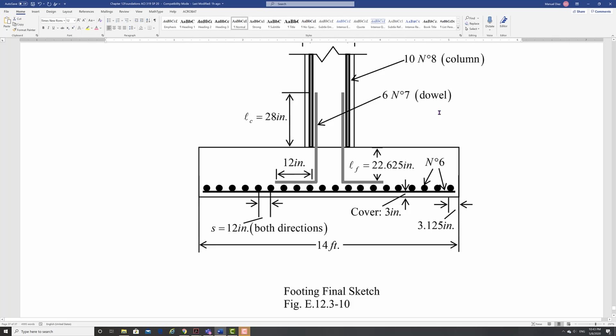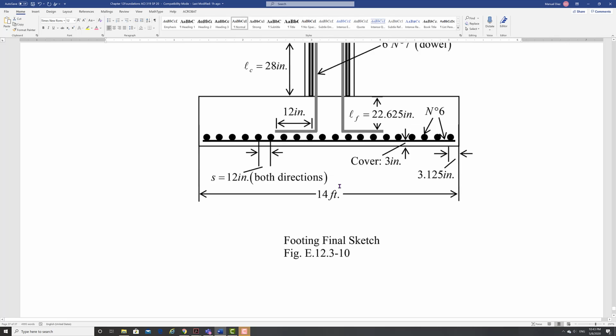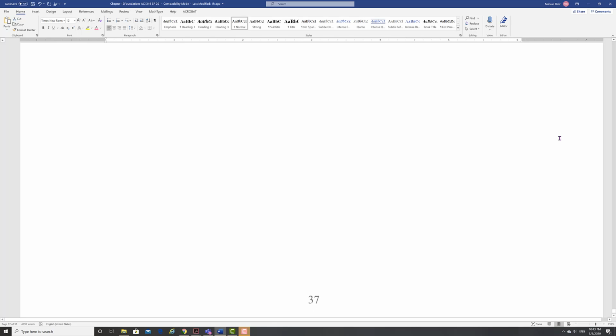That's the end of this. As I said, I eliminated the rectangular and all that. I don't want you to look into that, but that will be another topic. So this is what you need to complete your footings in your project, and that will probably be the last thing you need to study for your exam.